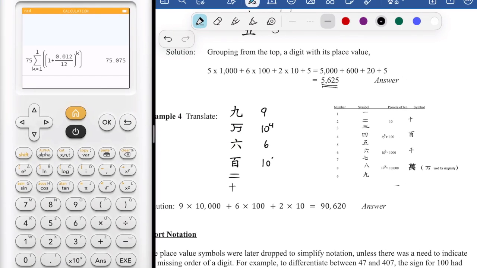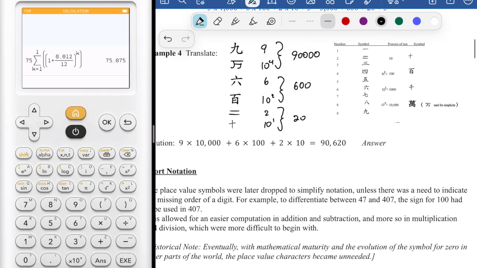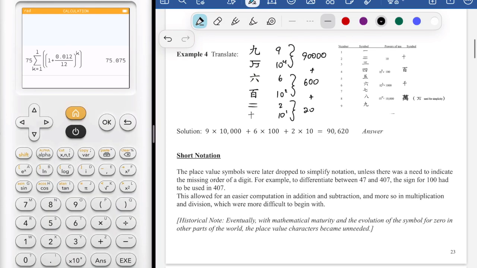All right, 10 to the 2nd, and I have a 2, and then I have 10 to the 1st, so this is a 4 zeros, so 90,600, and then we'd have 20. 90,000 plus 600 plus 20 is 90,620. All right.